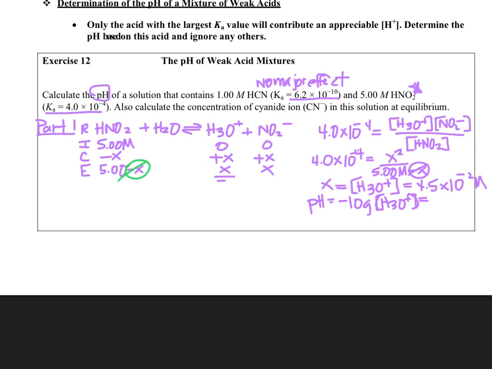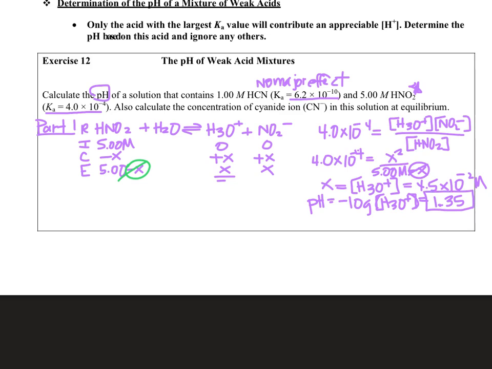Plug that in, and with 2 sig figs, we want 2 decimal places, it's going to be 1.35. Well, remember, even though this is a weak acid, the 5 molar is really high concentration. So that means that we're going to have more hydrogen ions in solution because of that. So this is really what the answer should be, really close to, okay?